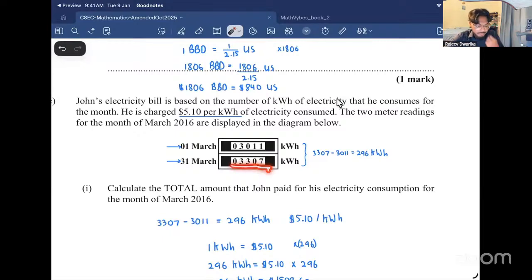So to find how much you used in March alone, you would minus. Exactly. You sure you understand it fully? Yes, sir. Alright, good.